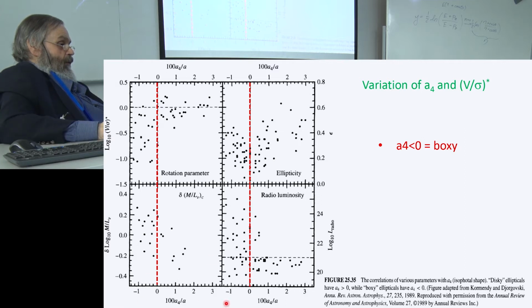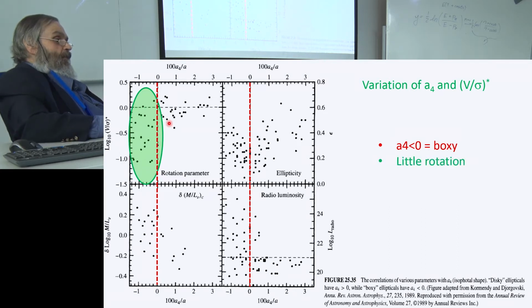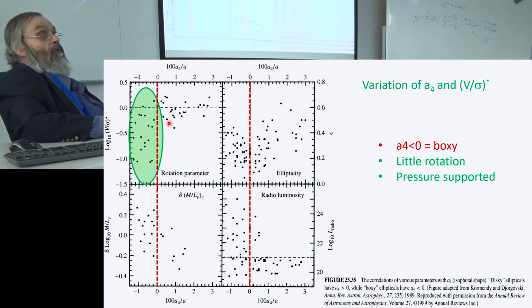This is A4 down the bottom, or 100 times A4 over A. So now I'm going to have a look at the variation of A4 and V over sigma. So here's V over sigma here. You'll notice all those with A4 less than 0 have got low values of V over sigma. Okay, that means that there's very little rotation and they must be supported by the random velocities.